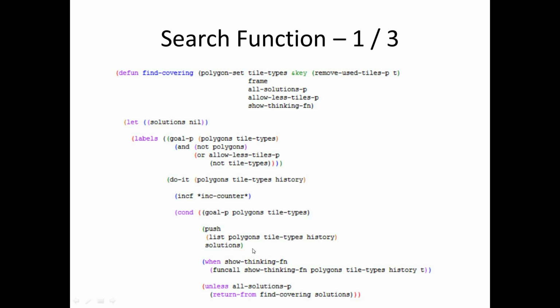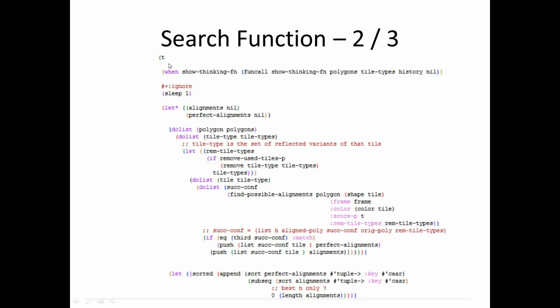So if we found a solution, then we register the solution by pushing it onto our list of solutions together with the tile types. These are the transformed polygons and the construction history, so we can reconstruct the arrangement. And unless we requested all solutions, we can then return from the function with the solution found, because we are good with one solution.